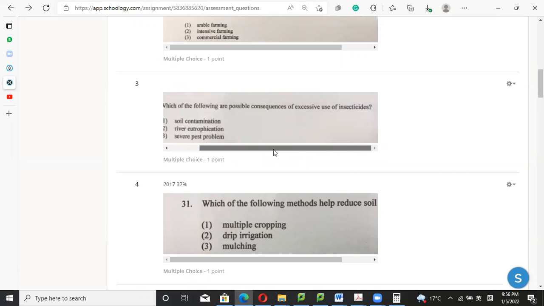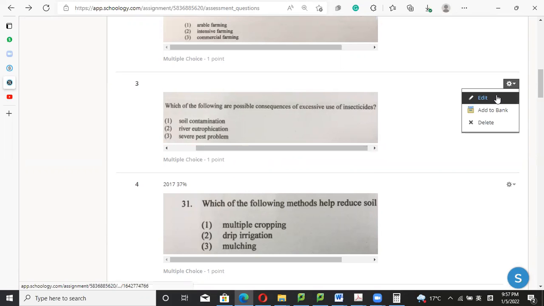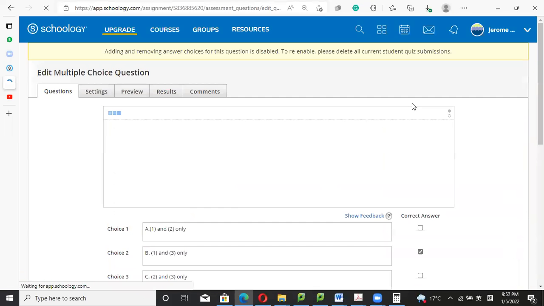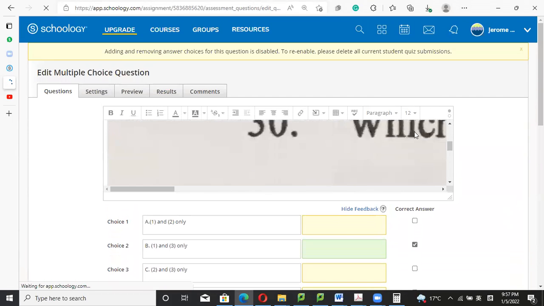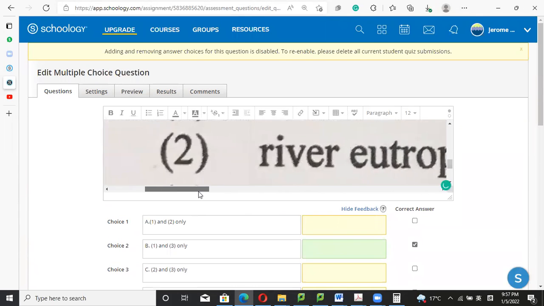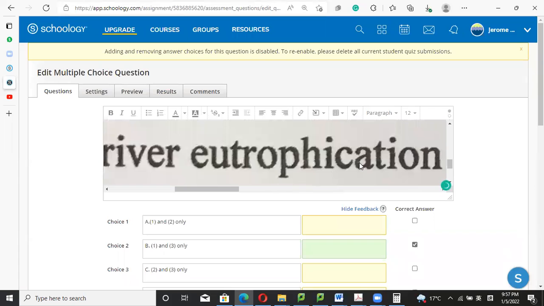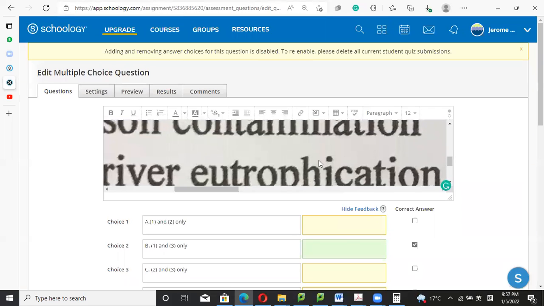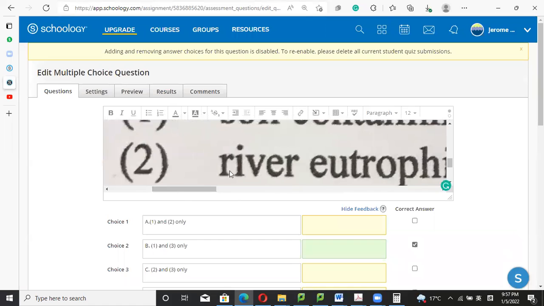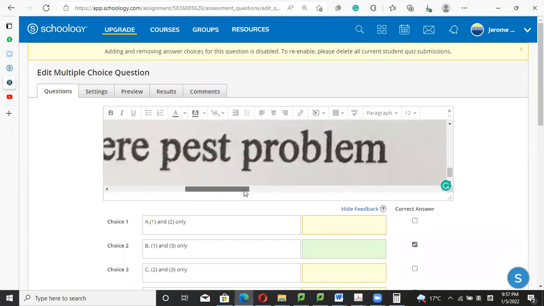What are the consequences of the excessive use of insecticides? Soil contamination, true, because the insecticide is poisonous in nature. River eutrophication is not right, because eutrophication is always about fertilizer instead of insecticides. And number 3 is talking about the pest problem.